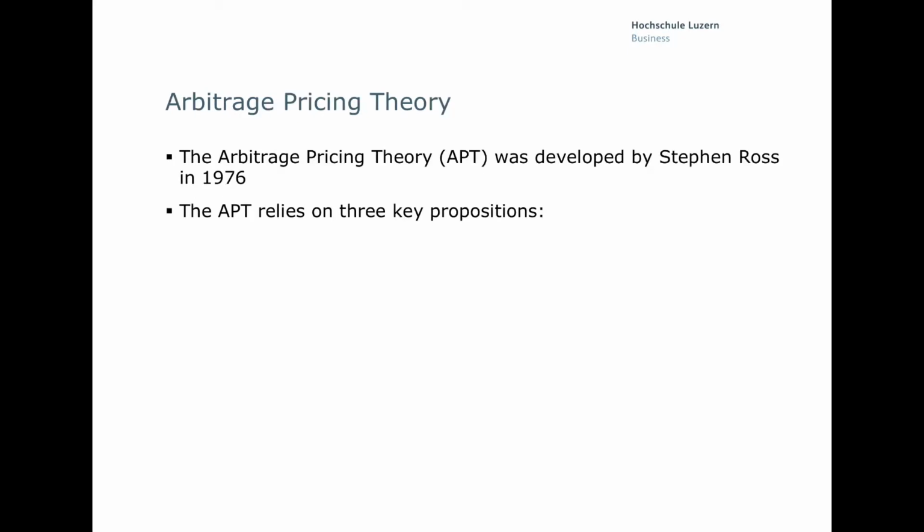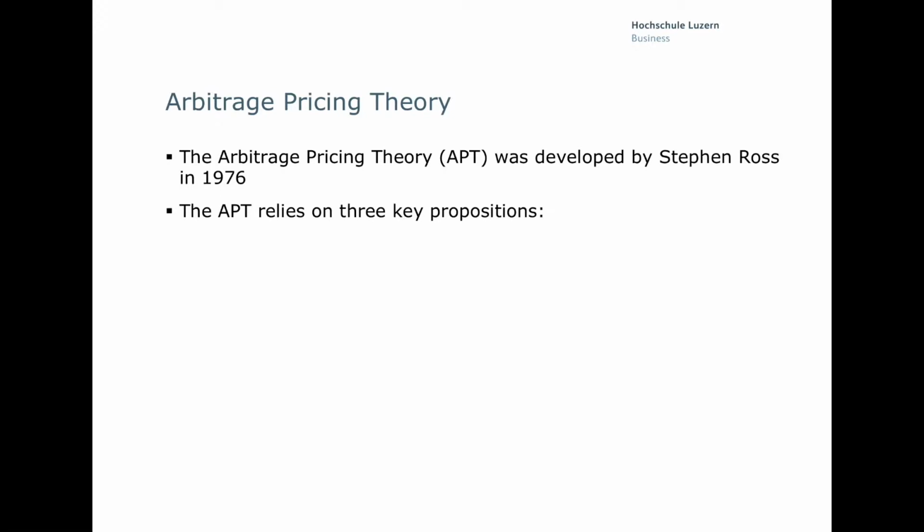Arbitrage pricing theory. Stephen Ross developed the arbitrage pricing theory (APT) in 1976. Like the CAPM, the APT predicts a security market line linking expected returns to risk, but the path it takes to the security market line is quite different.